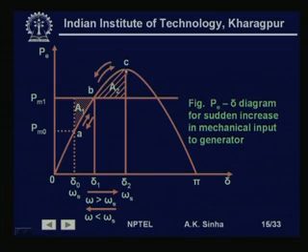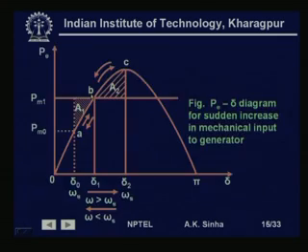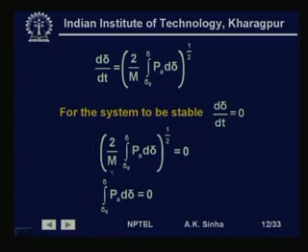So, what we find is, for the system to be stable, the accelerating area available must be equal to decelerating area, that is, accelerating area A 1 should be equal to decelerating area A 2, and if that happens, then basically this P A d delta integral is equal to 0, because A 1 plus A 2 is the total area, but A 2 is negative.